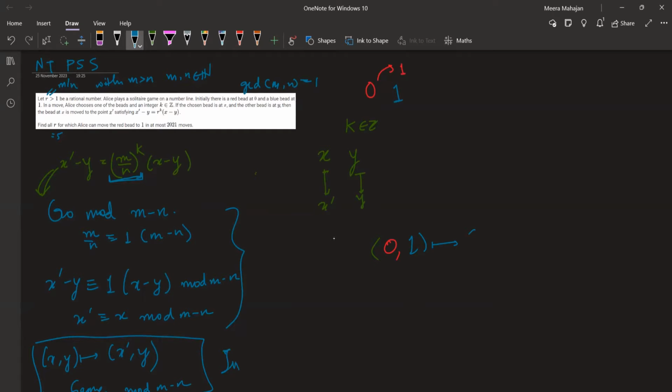So basically this is an invariant in some sense. Which is what I meant by you cannot control k, and hence we have to find something which is preserved. So, invariant. You're starting with the red bead at 0 and the blue bead at 1. And what is the final position? Where is the final red bead and the final blue bead?